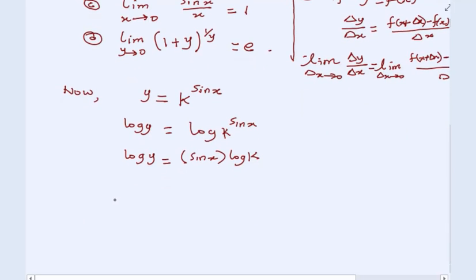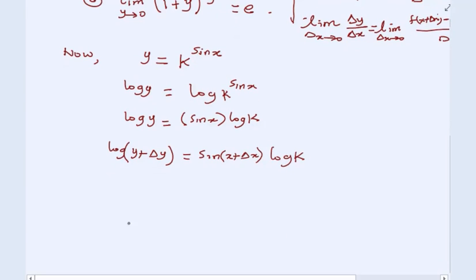Now I will start introducing my increment. Don't forget, I'll first add increment. I will have log of y plus delta y, that is increase in y, is equal to sine of x plus delta x, that is increase in x. Don't forget, log k is still multiplying it. Next, I will subtract log y from both sides.